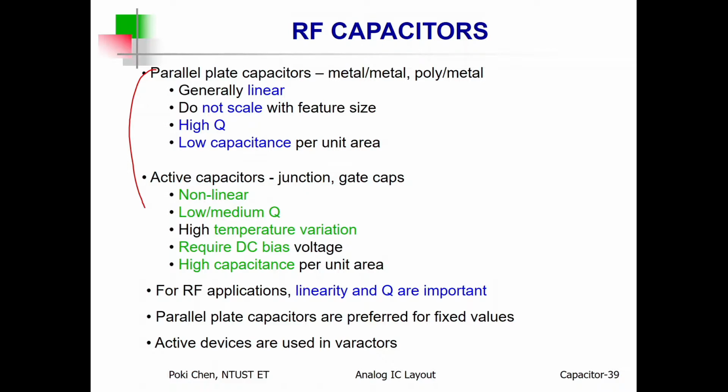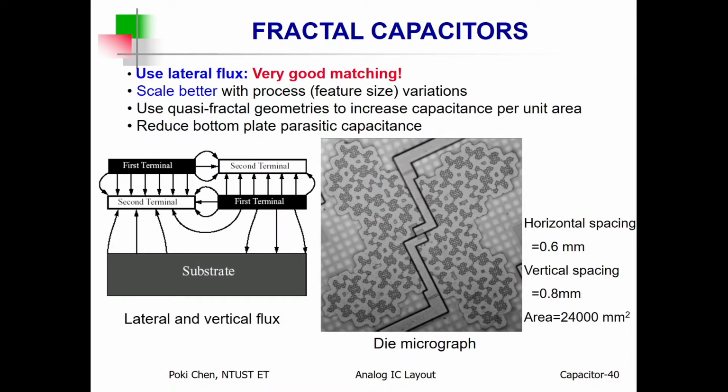It means they would like to create something new for capacitors with good linearity, high quality factor, but also large capacitance per area. It will be very good for RF applications. What they created is called fractal capacitors.